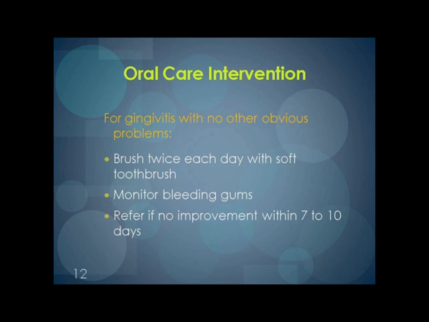You want to monitor bleeding gums and refer if no improvement is visible within 7 to 10 days. Usually, if it's simply something to do with debris in the mouth, general gingivitis, you will see improvement in tissues easily and quickly within 7 to 10 days if you implement the twice-a-day toothbrushing regime.